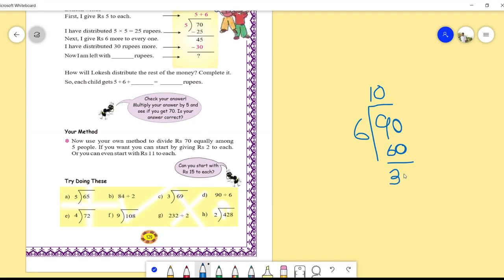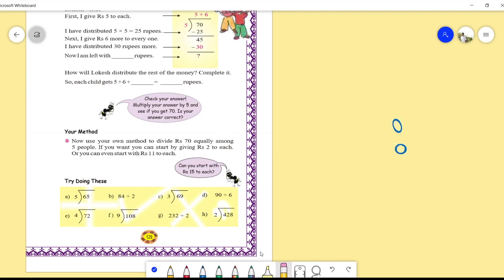So the remainder will be 30. So here plus sign, then 6 fives are 30, which will give us the remainder 0.